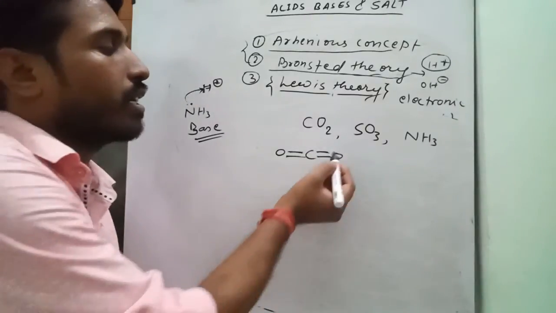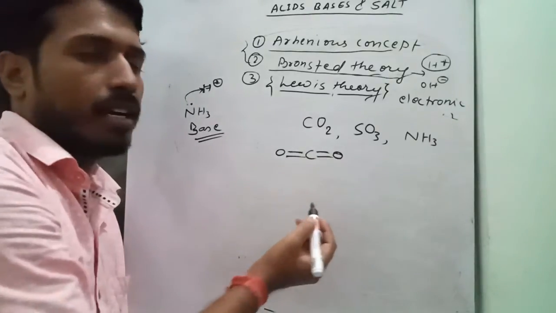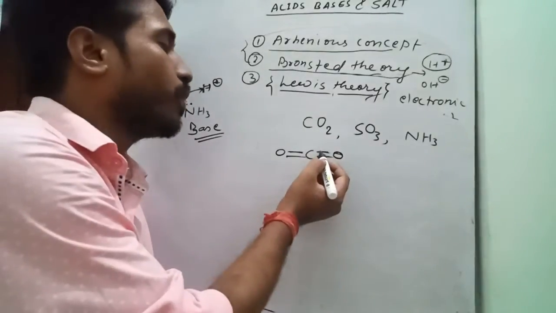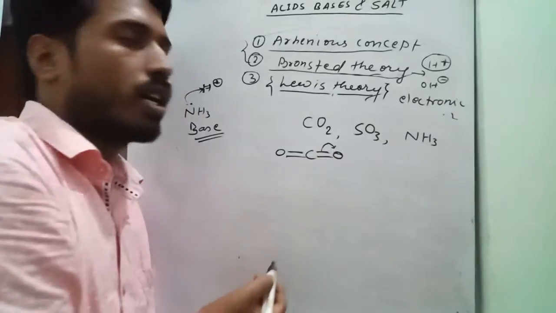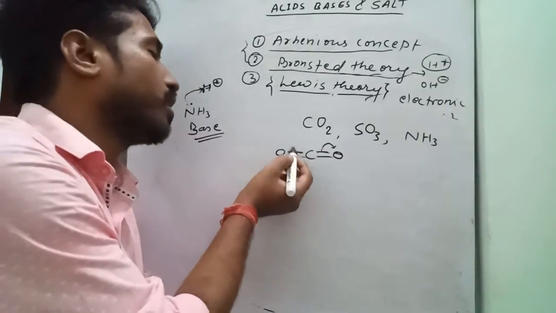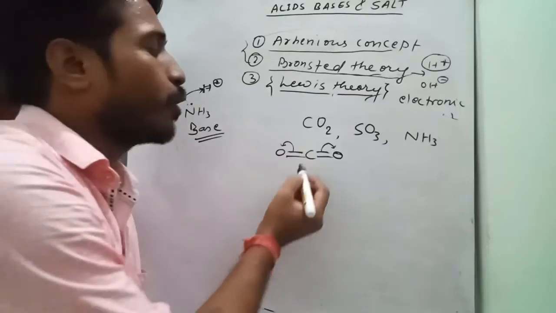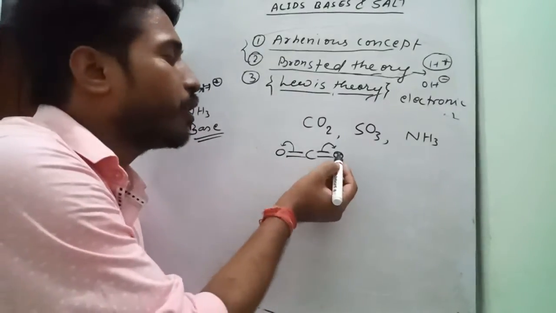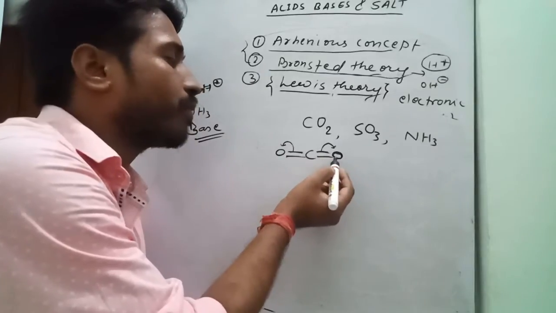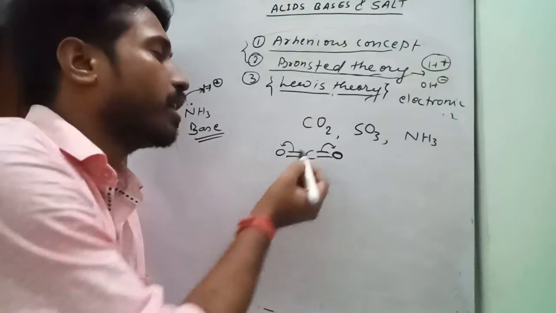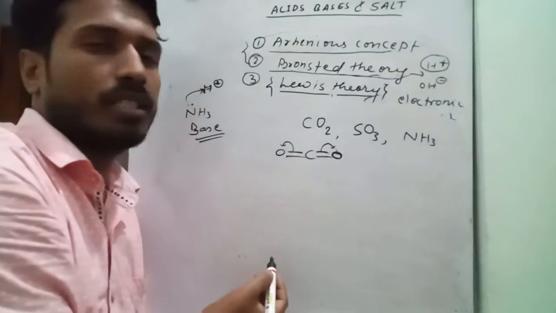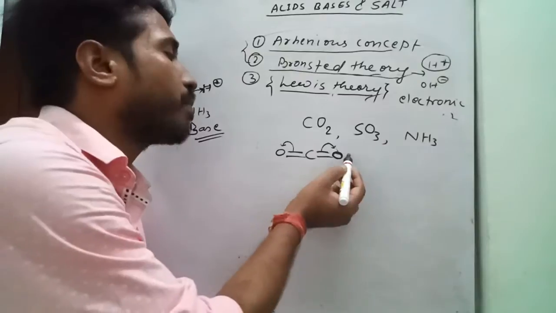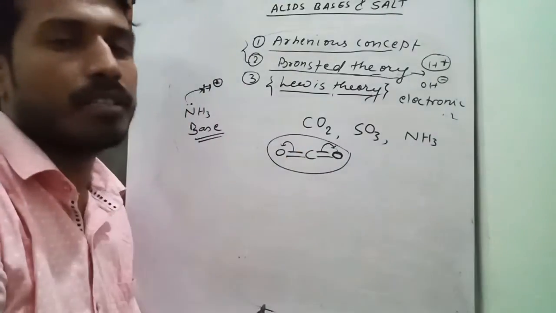Here we can see that the electronegativity, that is the electron attracting tendency of oxygen, is more, due to which the electron clouds are shifted towards this oxygen on each side. Even though carbon has a complete octet, due to bonding with a more electronegative element, the electron clouds are shifted away from carbon, due to which carbon dioxide will act as acid.